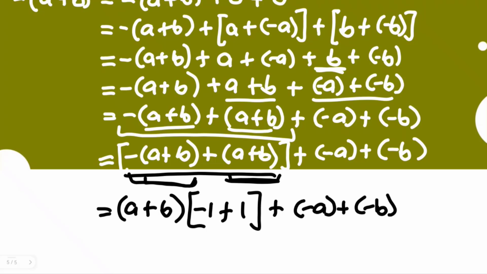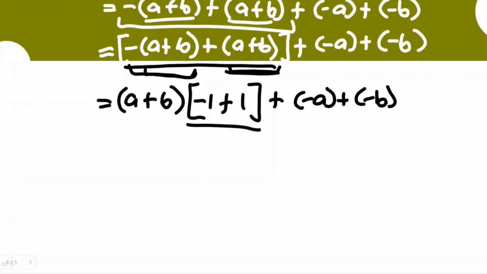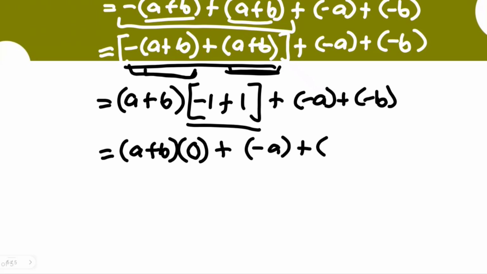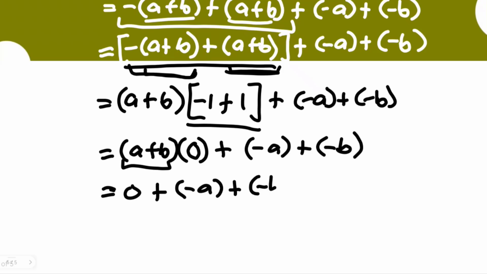They are all algebraic properties of real numbers, because as we reach here, negative 1 plus 1 is just equal to 0, leaving (a plus b) times 0 plus these two expressions here. And whatever the value of a plus b, once you multiply it by 0, that's just equal to 0, plus negative a plus negative b, which will then return to just the expression negative a plus negative b.